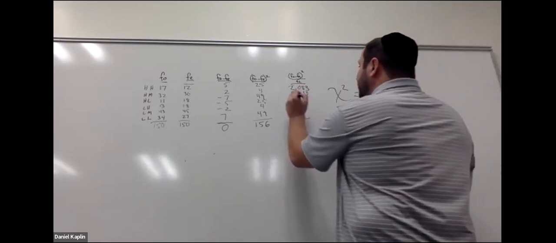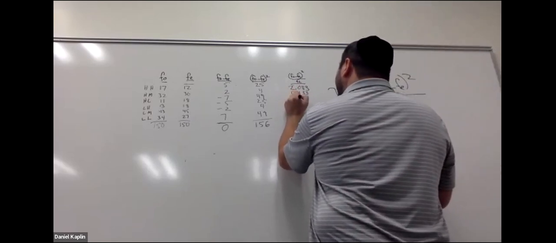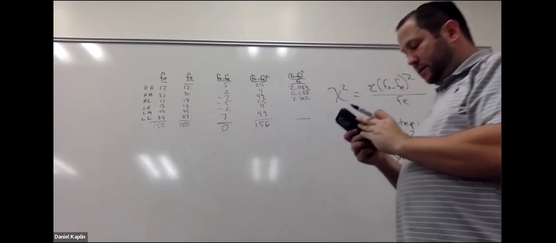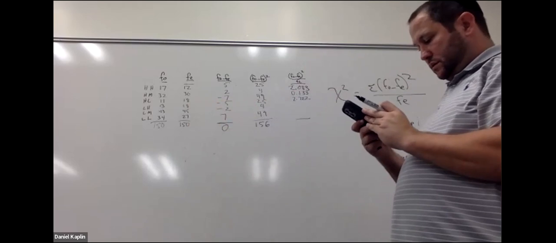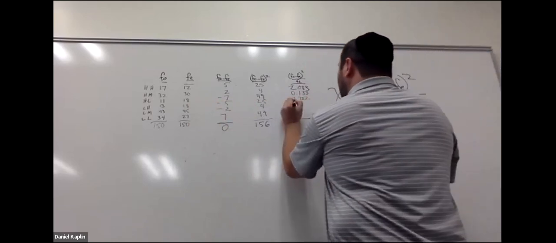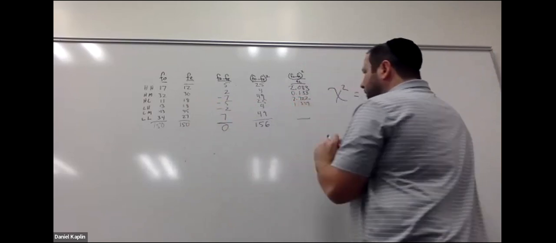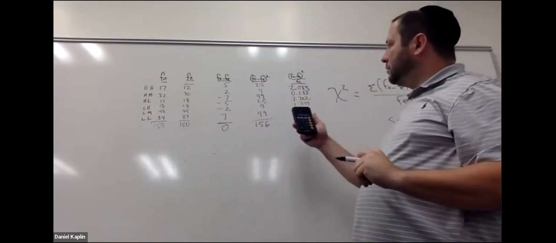That's going to give us 2.722. 25 divided by 18, that's going to give us 1.389. And then we have 2 more.